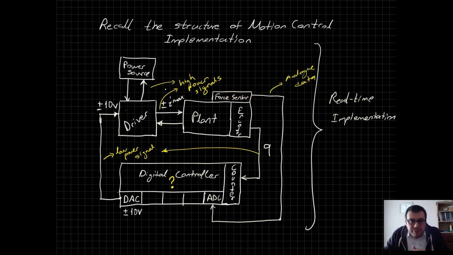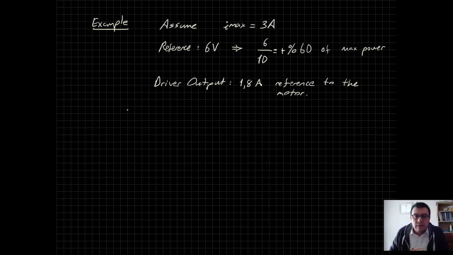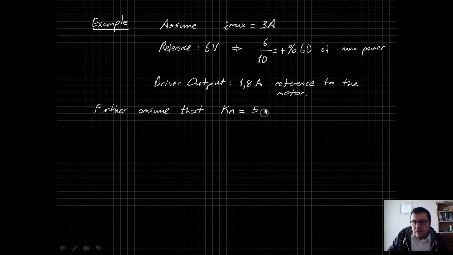Now, one thing is important. The moment I supply here 1.8 amperes, further assume that K nominal is, let me say, 5. So that's actually 5 Newton meters per ampere, right?